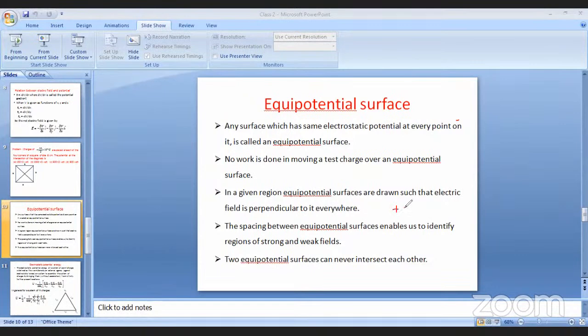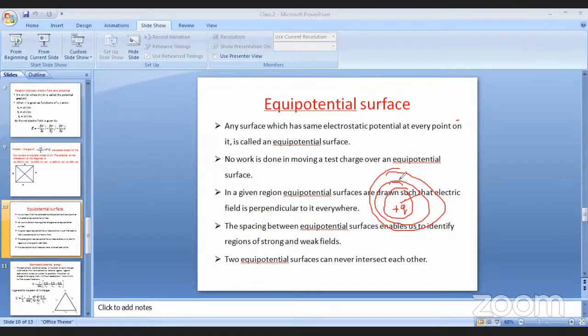For example, when I take a positive charge, the equipotential surfaces for these positive charges are nothing but concentric circles. Concentric circles means from this charge you will be having one circle with a radius R1 and the next circle with radius R2. And on all these circles, whenever you take two different points in the same circle, the potential value will be same.